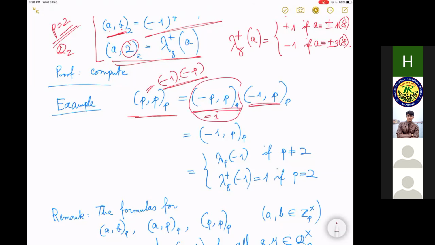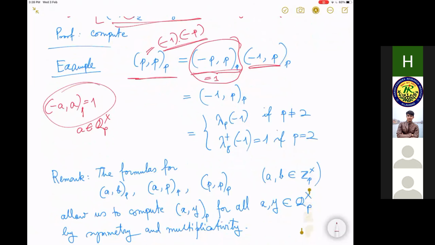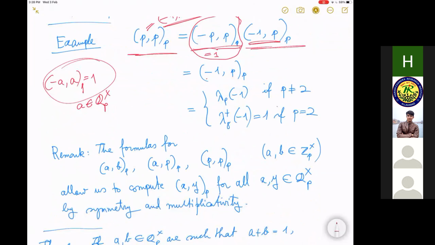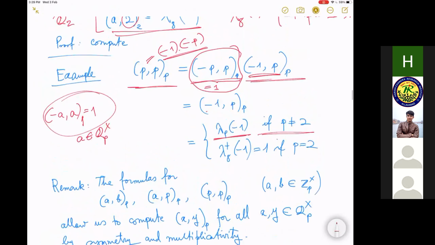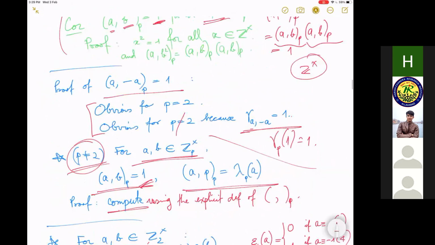The first factor here is equal to 1 because that's what I've proved: (minus A, A)_P is equal to 1 for every A in Q_P star. So the first factor disappears and I'm left with (minus 1, P)_P. What is that? That's equal to lambda P of minus 1 if P is different from 2. This is what we had proved here, right? Where is it?